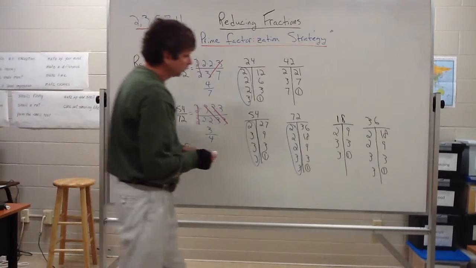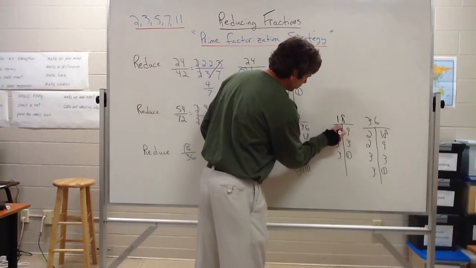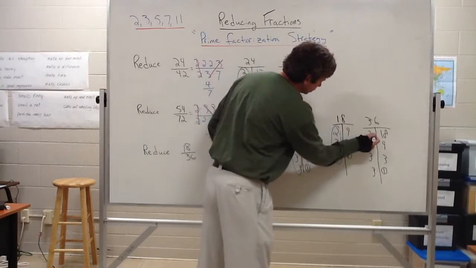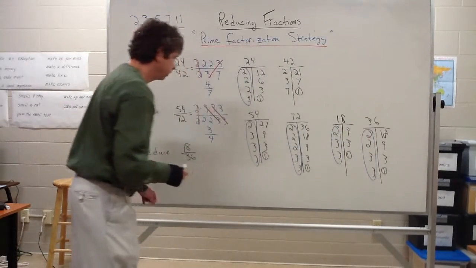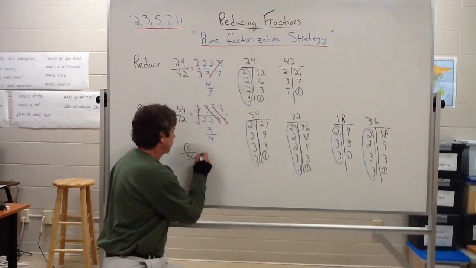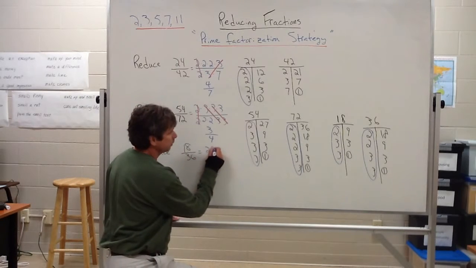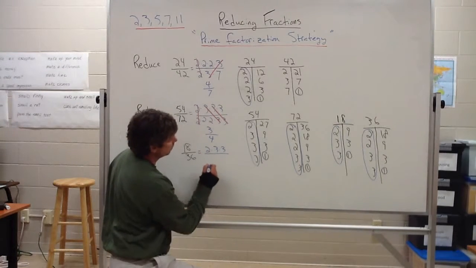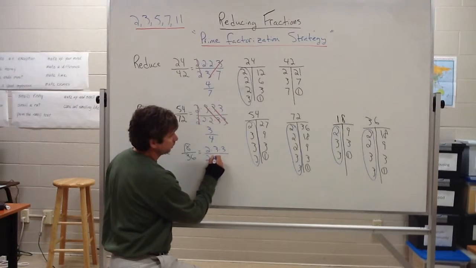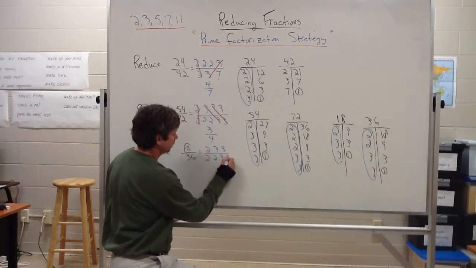So again, our left side becomes our prime factorization. So we're going to change this 18 over 36 to 2 times 3 times 3. And the 36 is going to change to 2 times 2 times 3 times 3.